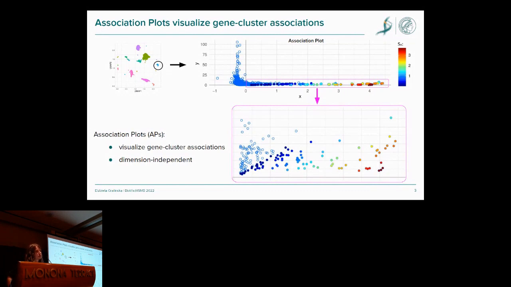So the genes of interest, or the most cluster-specific genes, would be located in the right bottom part of the association plot. So this would be these genes. And the most important thing about association plots is that we are able to represent the data from higher dimensions in this planar plot.